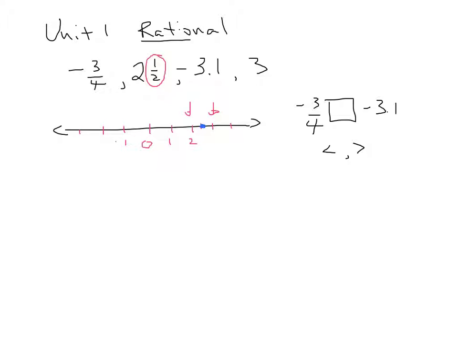Well, what integers is it between? It's in between 0 and negative 1. How many spaces am I going to divide the number line into? 4. So I split it into 4 pieces. And how many steps am I going to go to the left? 3/4. So I'm going to go right there.